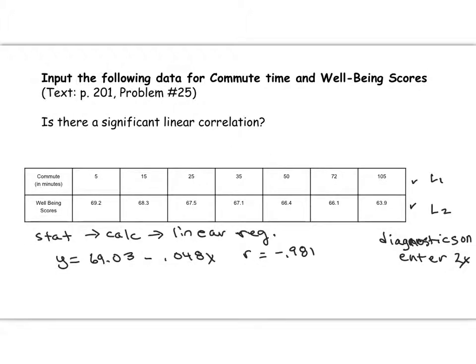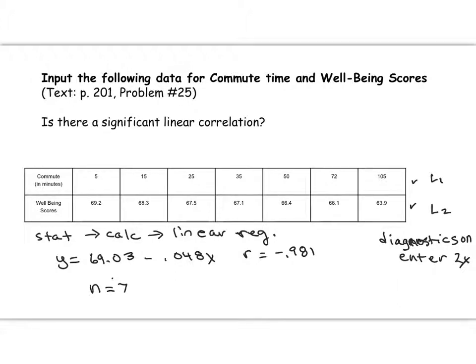So now I need to know if this linear correlation is significant. It looks like it's a strong negative correlation. So if I go to my table 2 and I look up, I have 1, 2, 3, 4, 5, 6, I have 7 for my sample size.